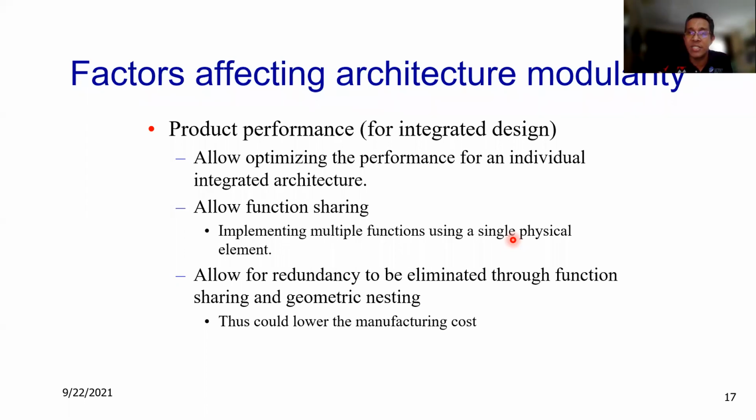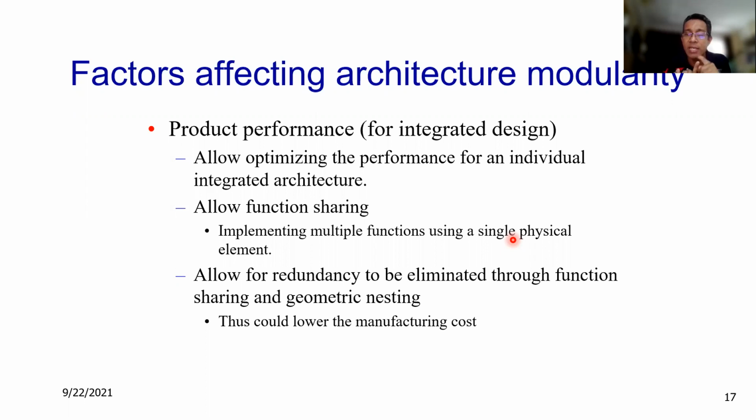How well it functions, that is performance. Typically, product performance characteristics can be measured by speed, efficiency, life, accuracy, and noise. So those are the performance characteristics.